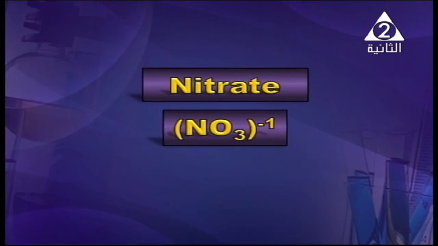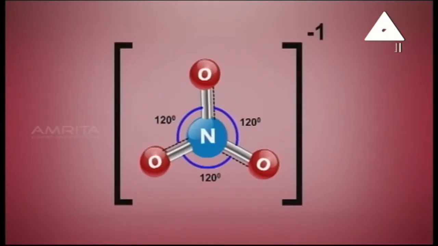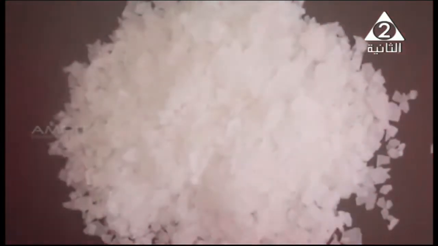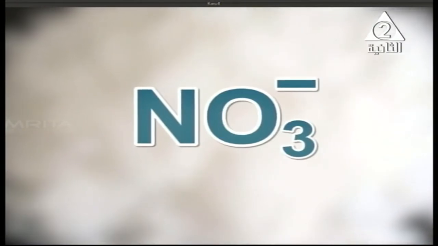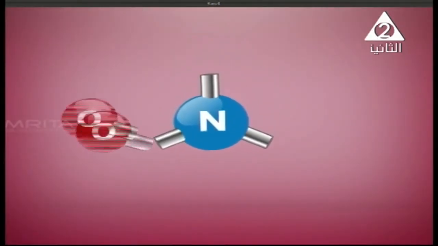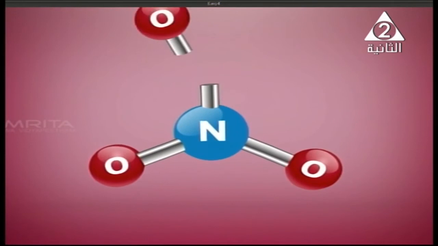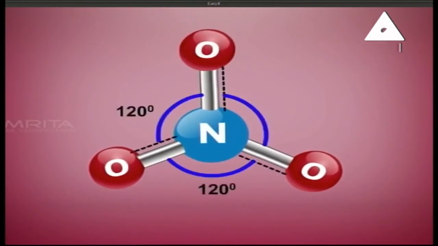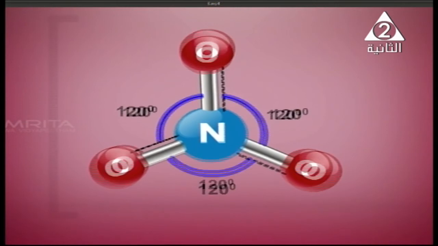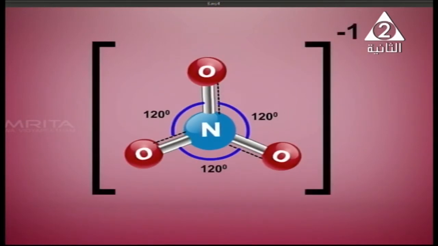Nitrate, NO3 -1. Chemical test for nitrate. Now you have the salt of NO3 negative. It has a nitrogen with three bonds to oxygen at a fixed angle of 120.